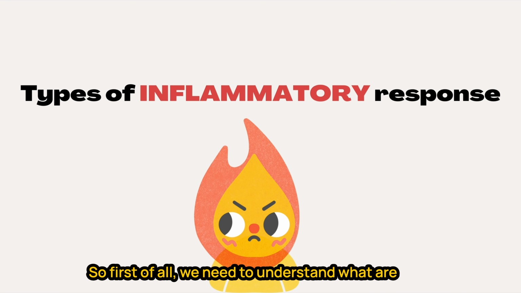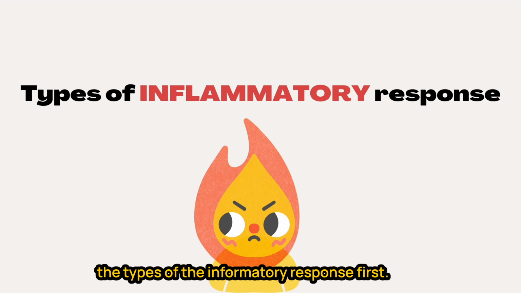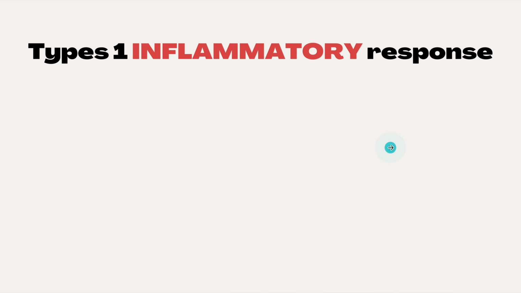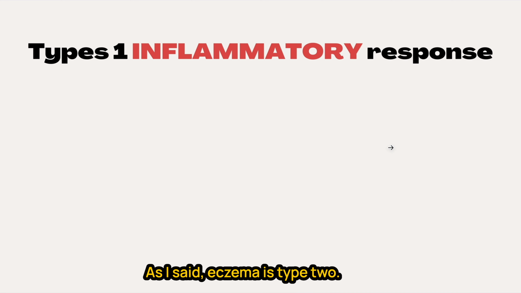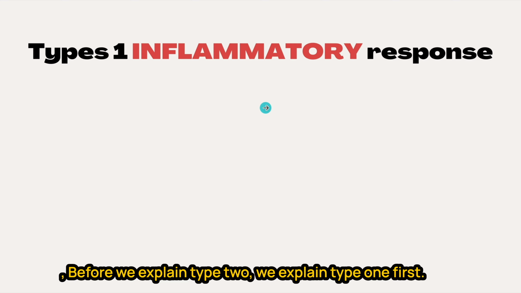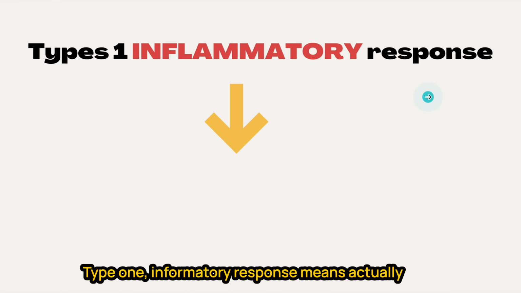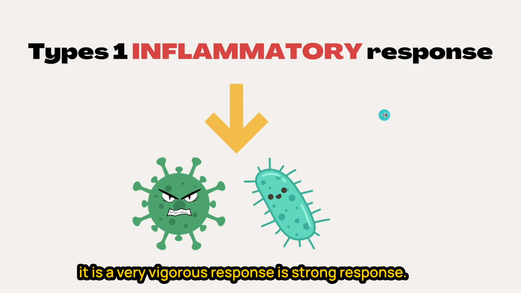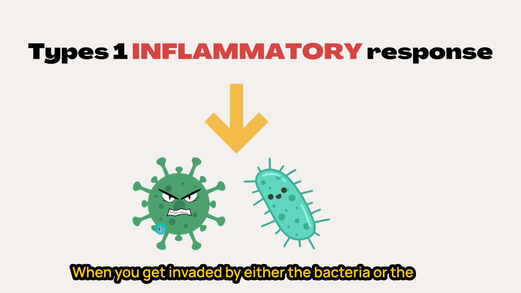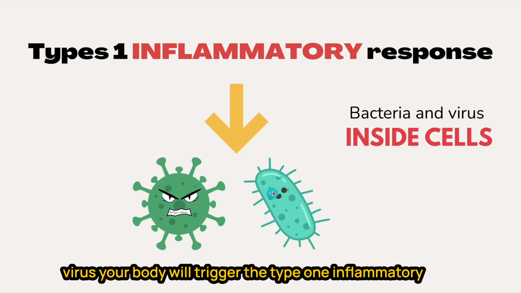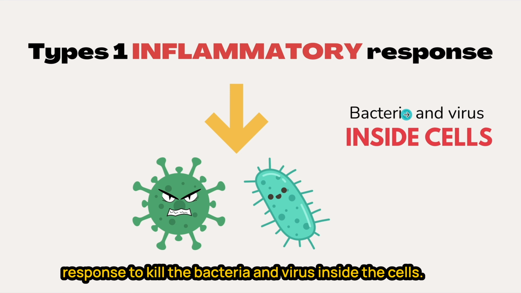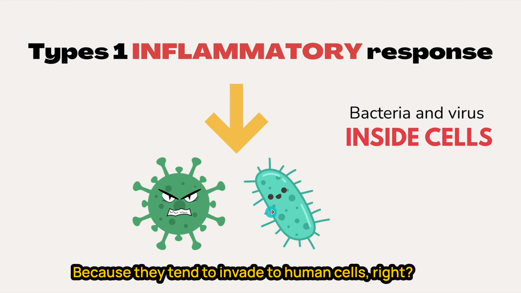So first of all, we need to understand what the types of inflammatory response are. As I said, eczema is type 2. Before we explain type 2, we explain type 1 first. Type 1 inflammatory response is a very vigorous, strong response. When you get infected by either bacteria or virus, your body will trigger the type 1 inflammatory response to kill the bacteria and virus inside the cells, because they tend to invade human cells.